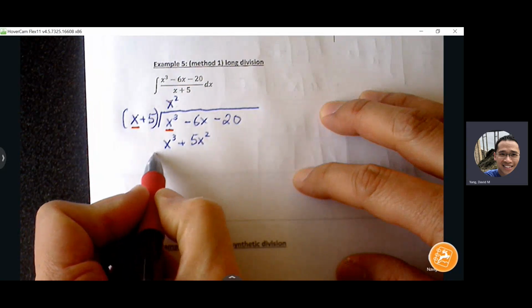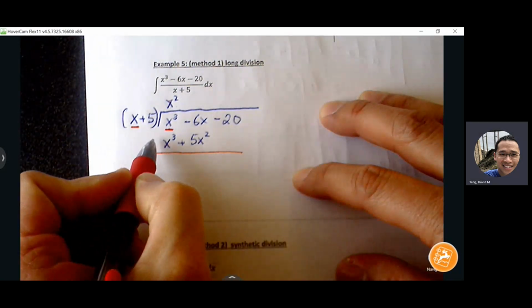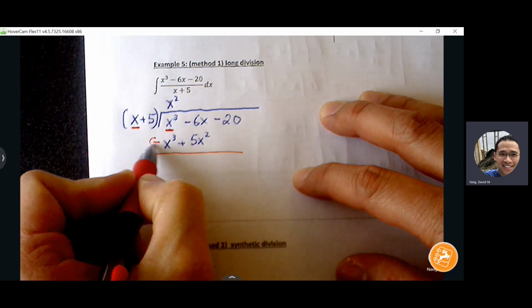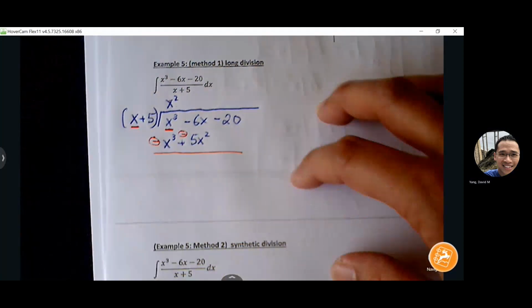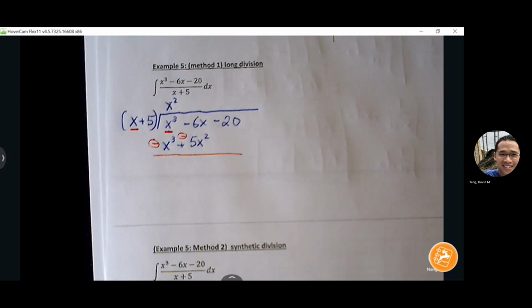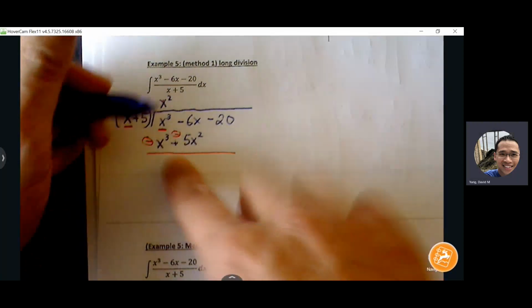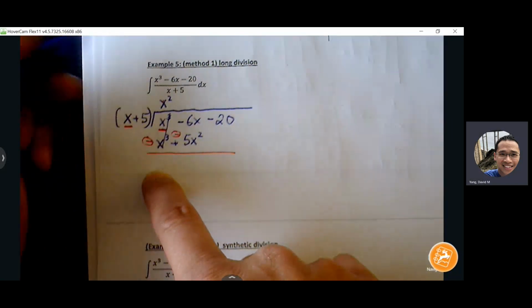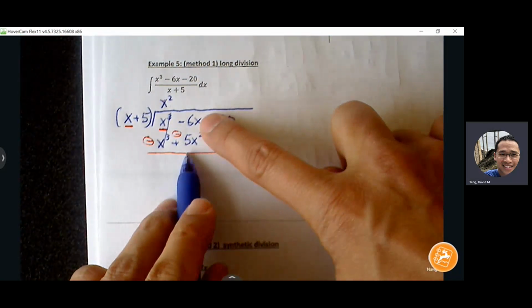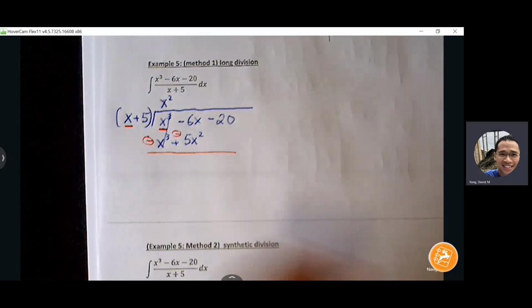Now you're going to draw a line. And then you're going to change the sign of everything that you just brought down. Okay, so now you're going to add like terms. X cubed minus x cubed is 0. Are these like terms? No, so they all have to come down separately.